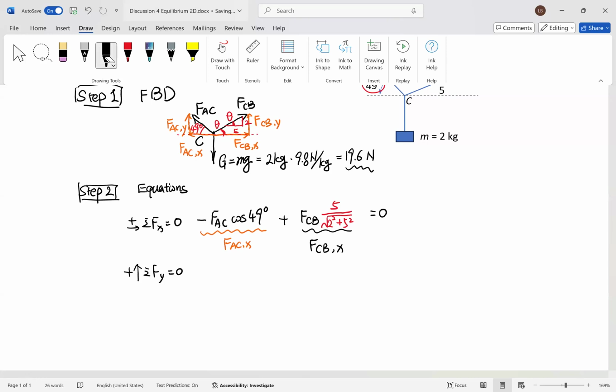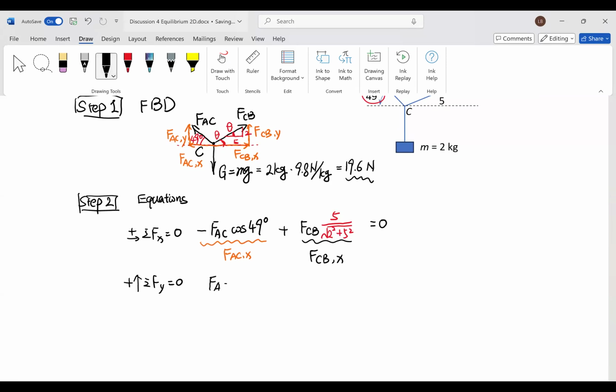Since it is opposite, it equals the hypotenuse times sine. This is our FACY. Positive or negative here? Since it is going upward, it is positive.